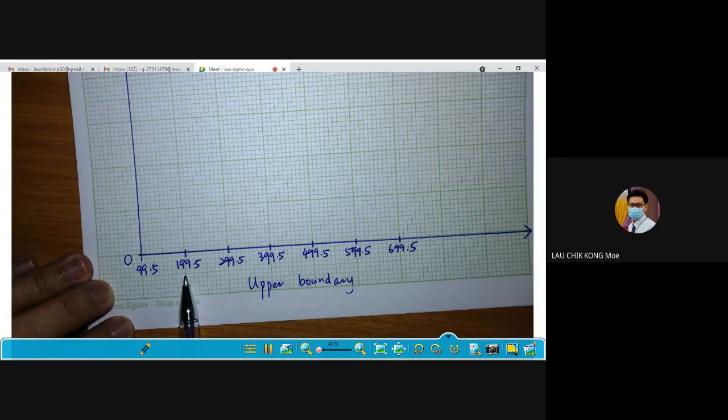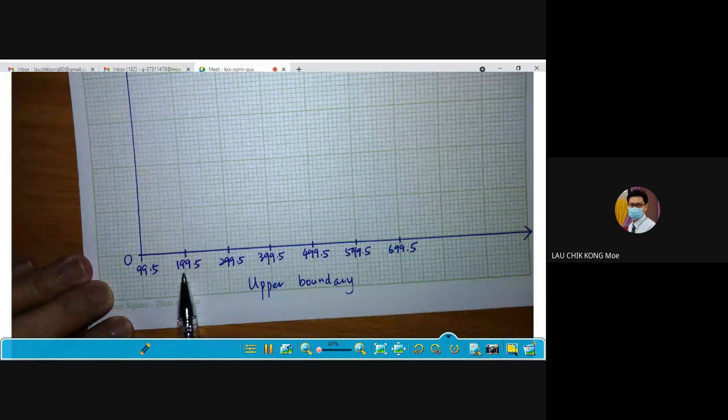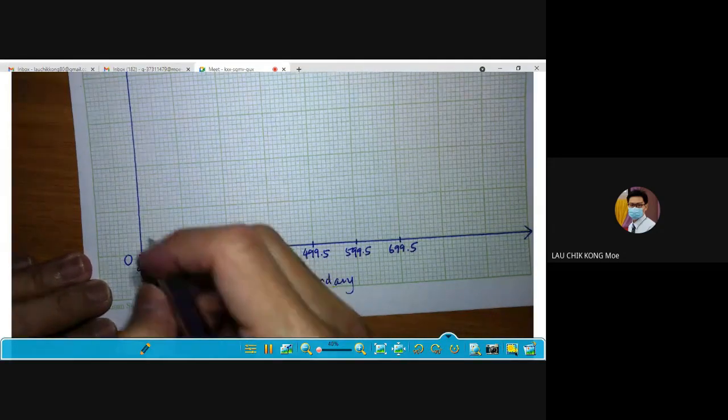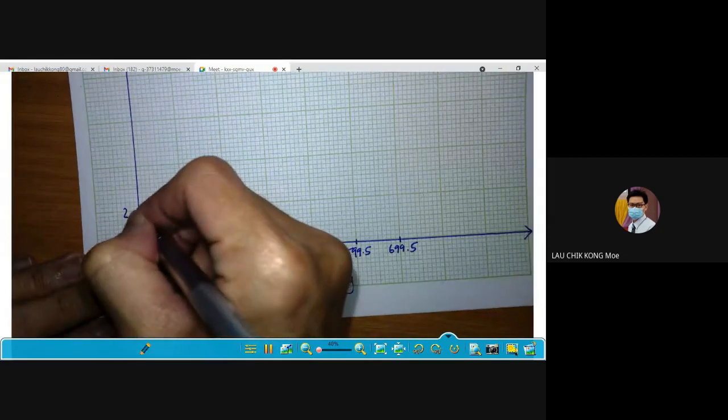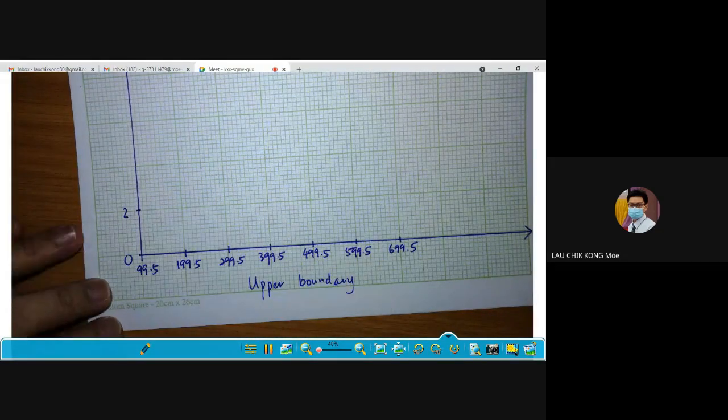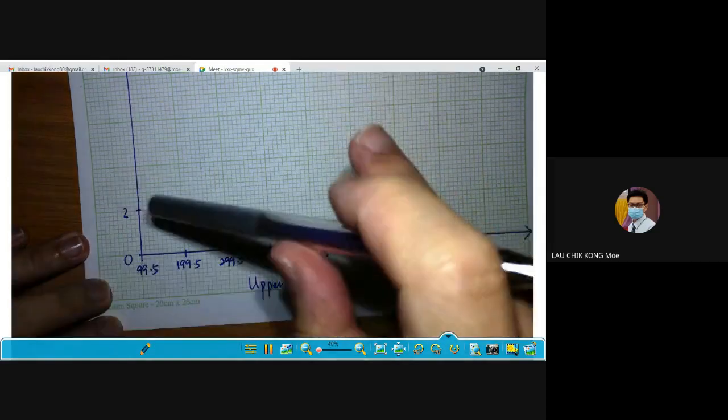So just now, if you start 99.5 here, also correct. Tak kisah dari tepi terus ataupun awak jarakkan satu petak besar. Dua-dua boleh. And then for the vertical axis, we use scale 2: 2, 4, 6 until 20. Is it enough? Because our cumulative frequency until 20. Yeah, enough.